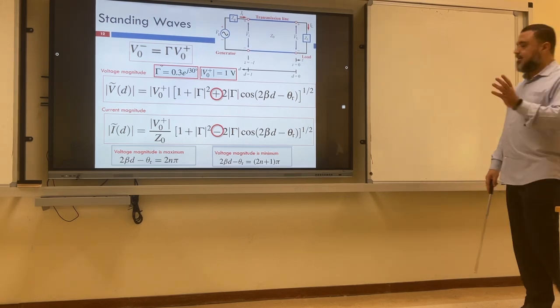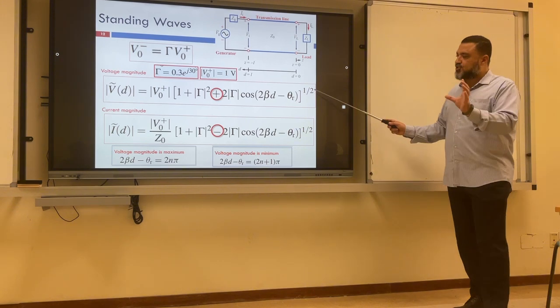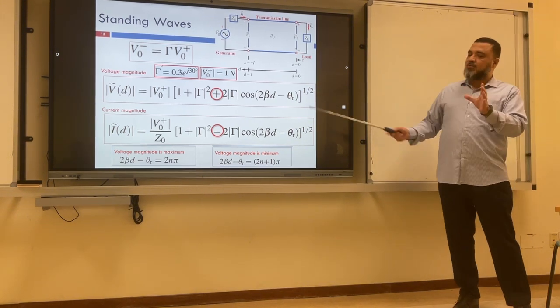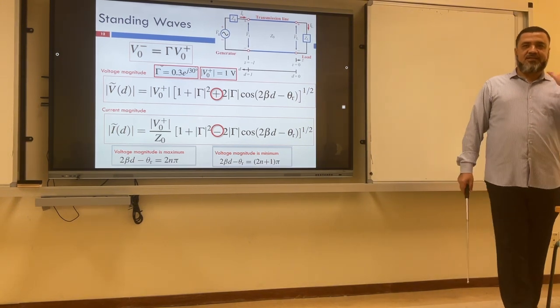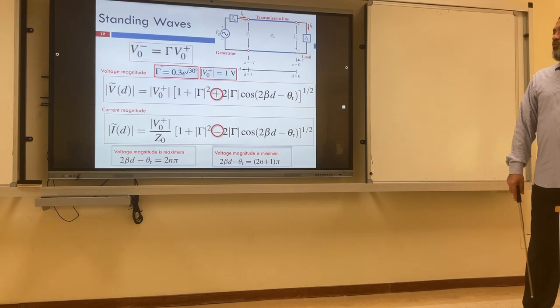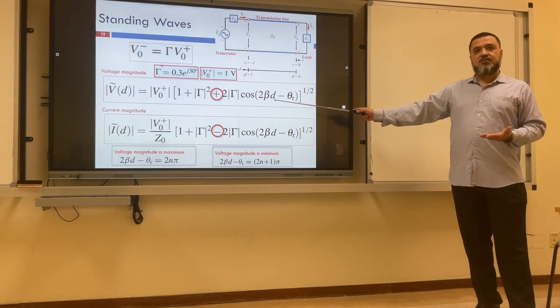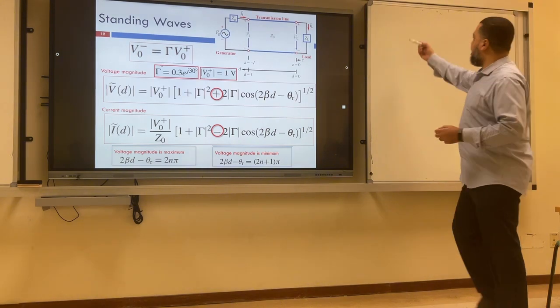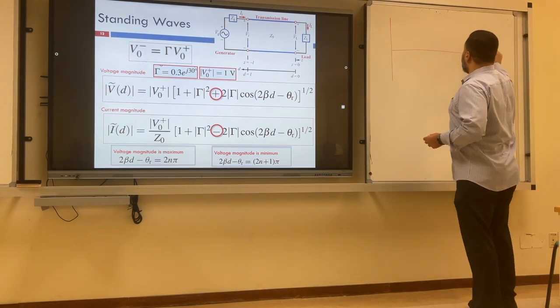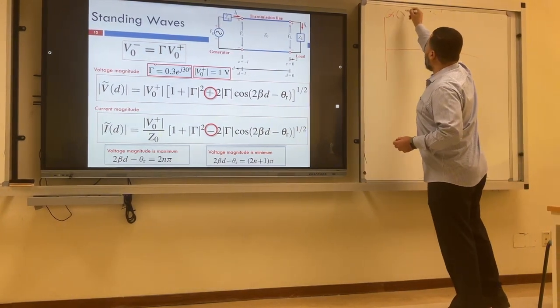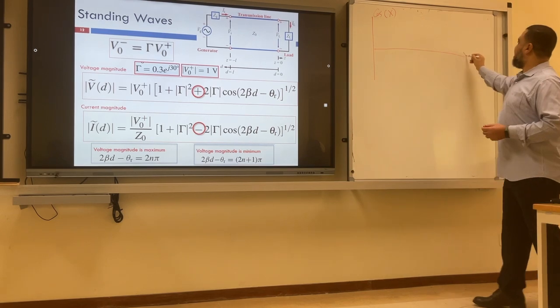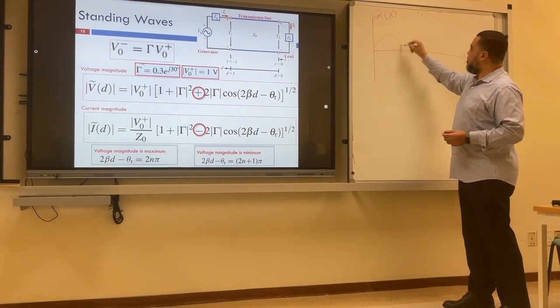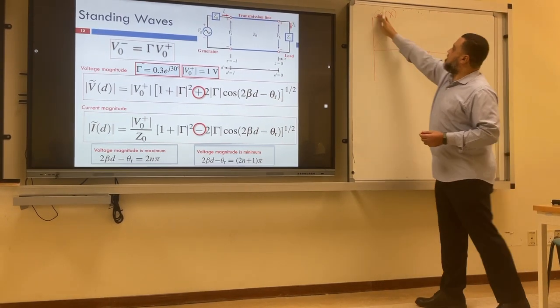Not directly. Yes, it is part of the equation, but this is not directly the reason we have a repetition at lambda over 2. Look at 2 beta. 2 beta will make the repetition lambda over 2. If you have cosine x versus x, make it sine.